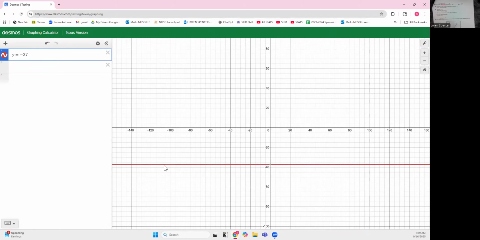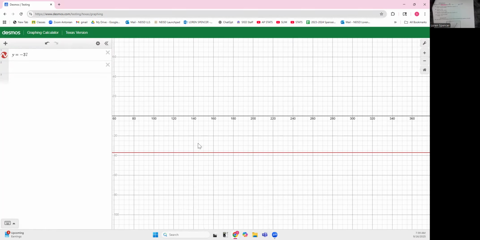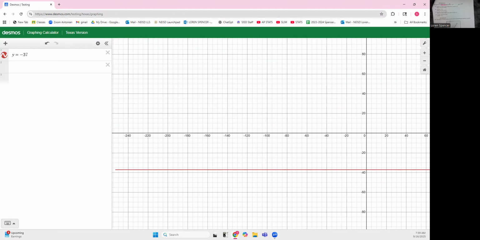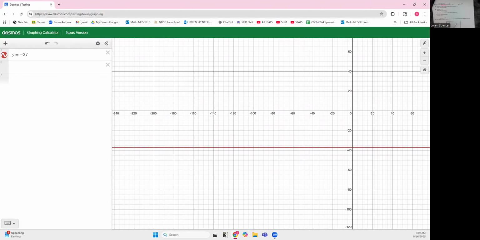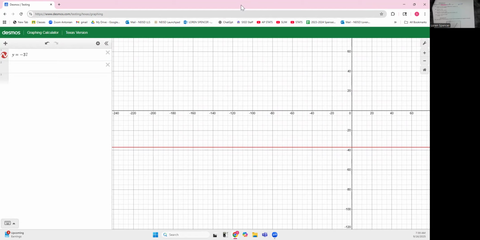And whenever I put my marker on the graph, my y value doesn't change. So my y value is negative 37, and my x value looks like it goes all the way to positive infinity and all the way to negative infinity. So I'm going to stop my share.